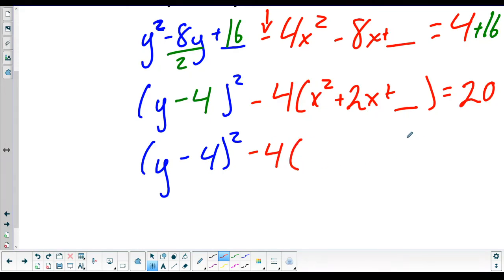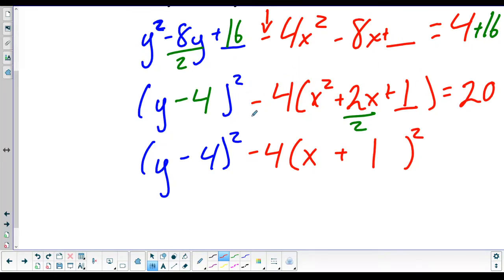Now we want to complete the square here. This is going to be x and something squared. This something is half of your linear term. Divide by 2. So this is going to be plus 1. Now to fill this in, it's this number squared. So 1 squared is 1. Now putting the 1 here, we're not just adding 1 because it's being multiplied to the negative 4.